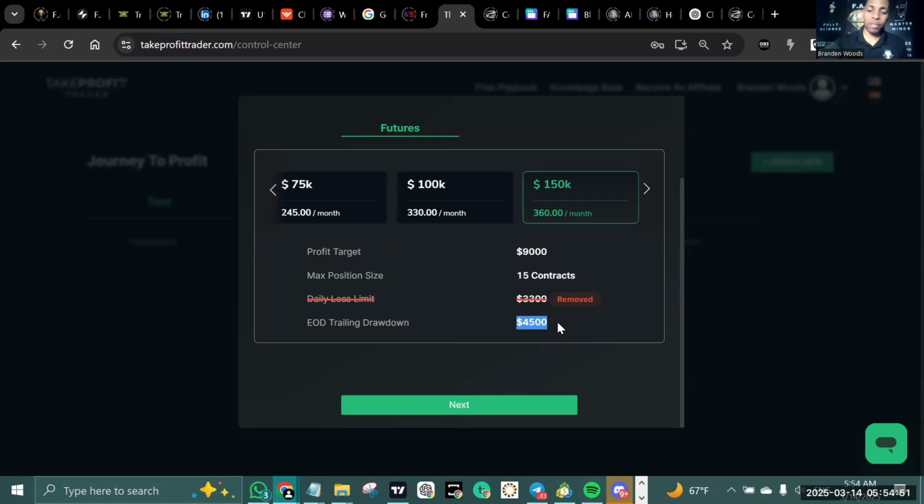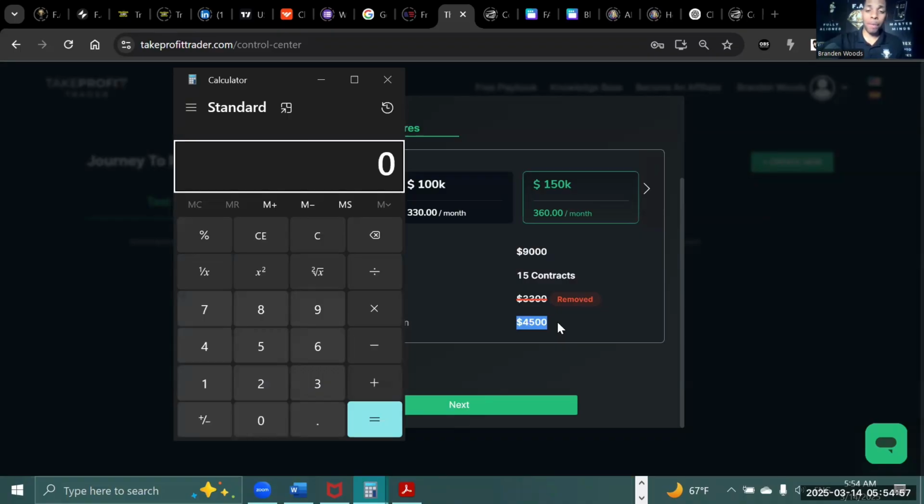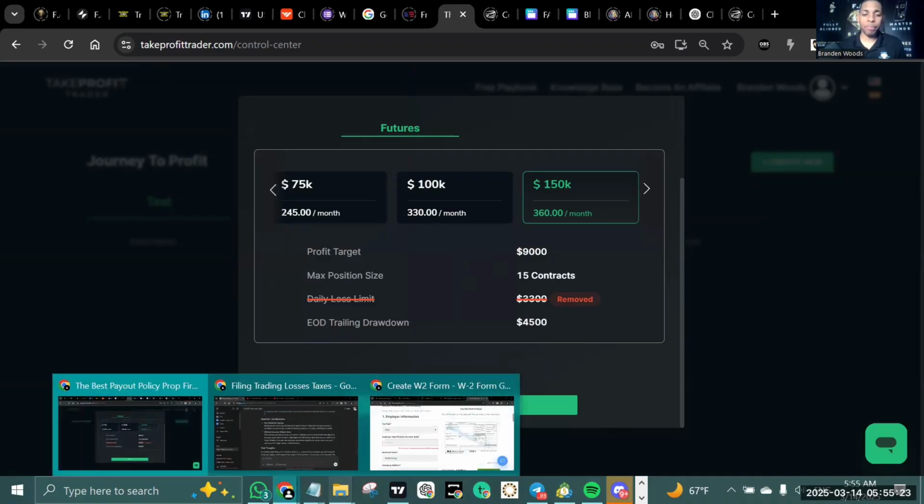4,500. Let's do, how much did I say give yourself? I said give yourself about 500 pips to rock with. So 4,500 divided by 5. So about 9 on the contract, on the ticks, 9 per tick. Give yourself about 10 per tick, okay? $10 per tick.